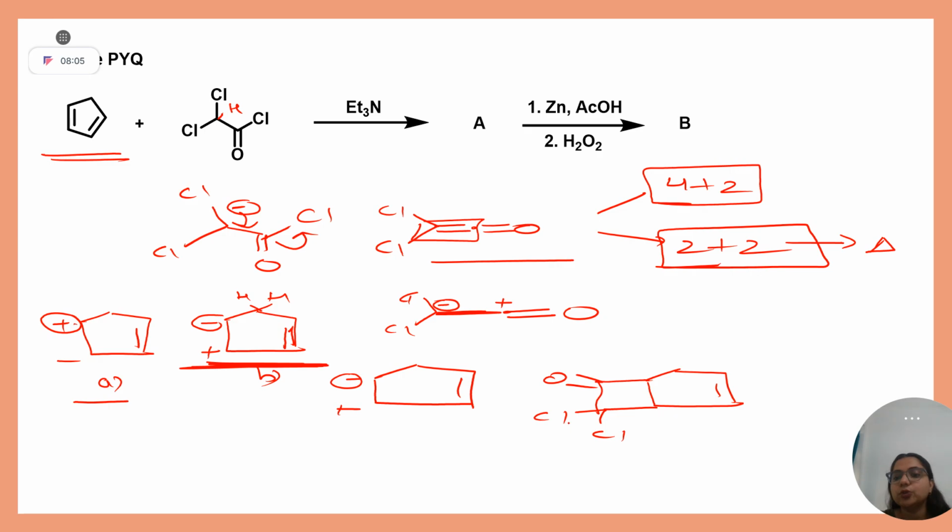Understood how to draw the 2+2 product of cyclopentadiene and ketene? First, in these two intermediates, you have to decide the intermediate which can stabilize your carbocation. Here, the carbocation is not stabilized because the double bond is two carbons away, which means it is not allylic, right?